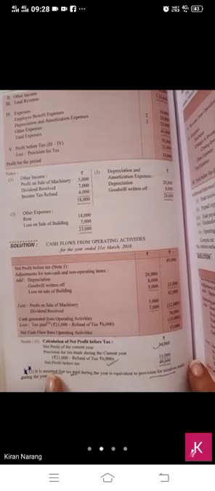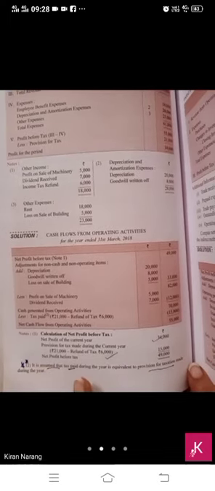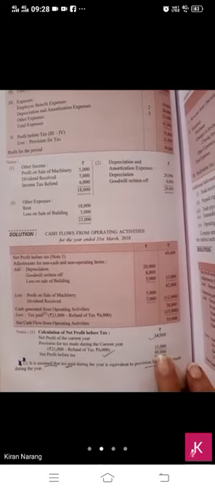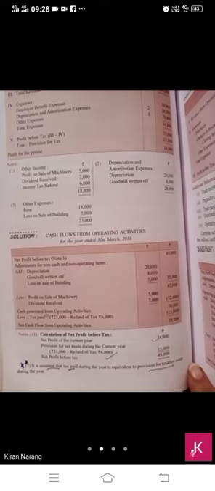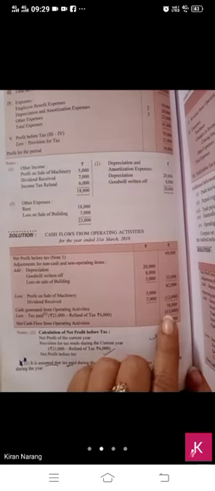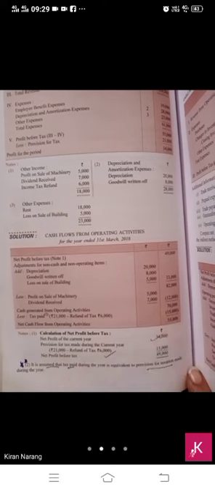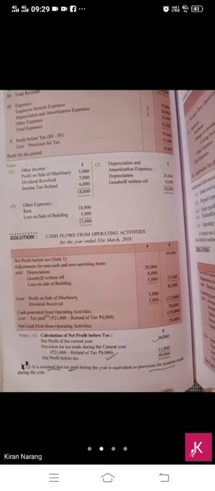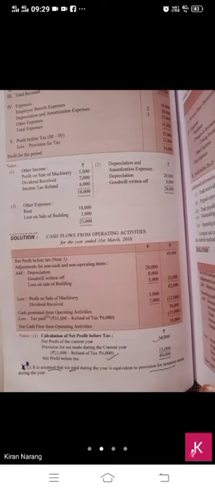You have to put a star over here, bache, that whatever tax we have assumed we will pay, we have paid that. Only if one provision for tax is given, then that will be added and that will be subtracted by way of tax paid. Any doubt, beta? You just have to remember the format, nothing more than that.